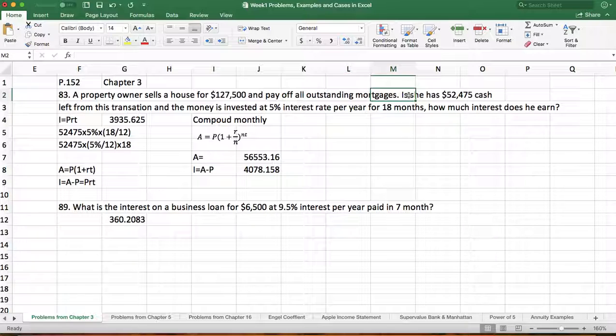Actually, it should be: if she has this amount of cash left from this transaction and the money is invested at a 5% interest rate per year for 18 months, how much interest does she earn?